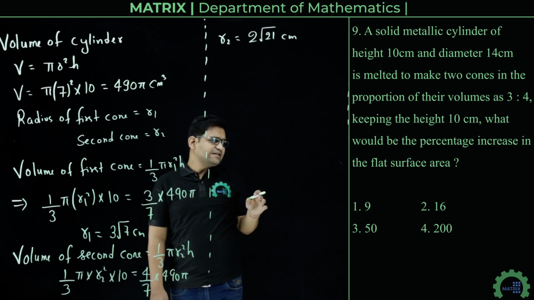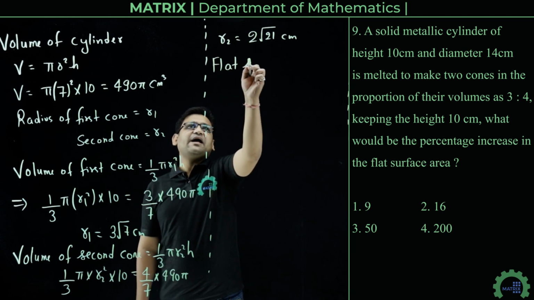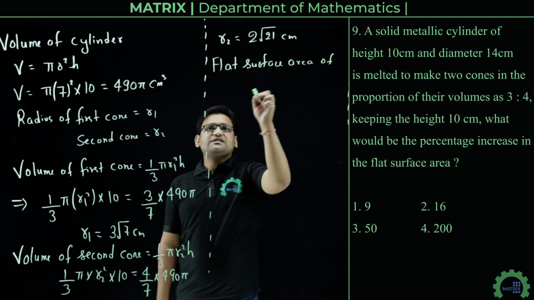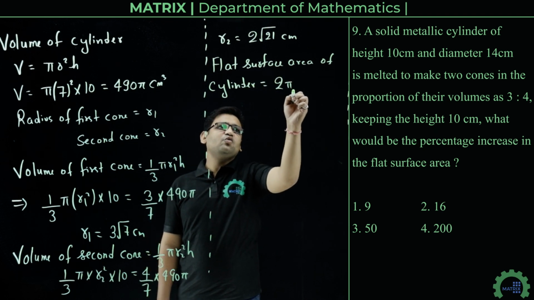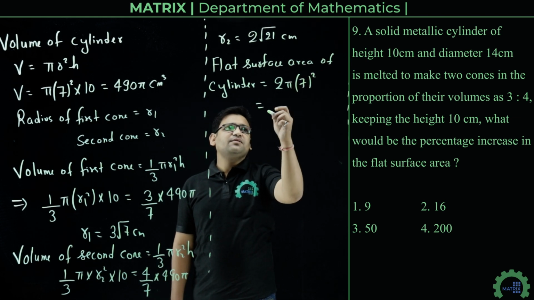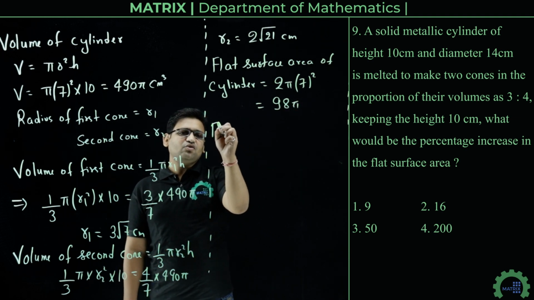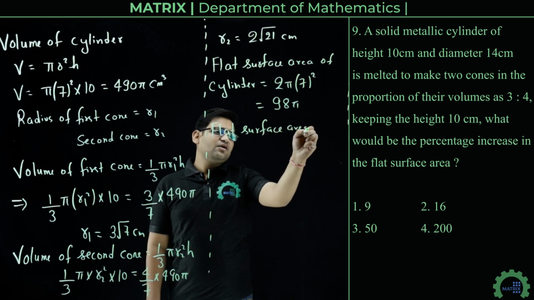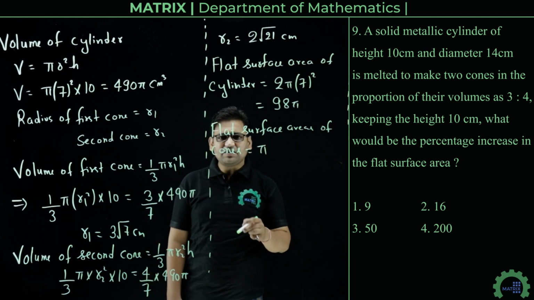Now what we have to find is the percentage increase in the flat surface area. So flat surface area of cylinder is 2 pi r square, where radius is 7, that is 98 pi. And flat surface area of cones will be pi r1 square plus pi r2 square.